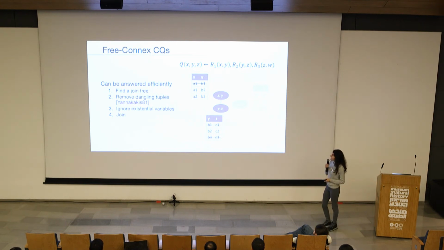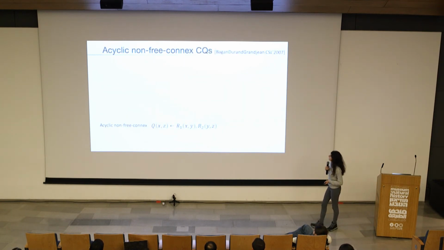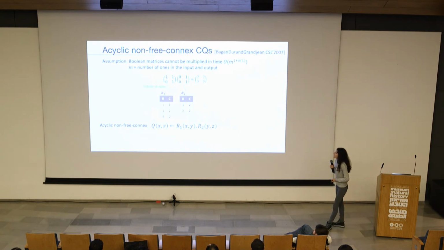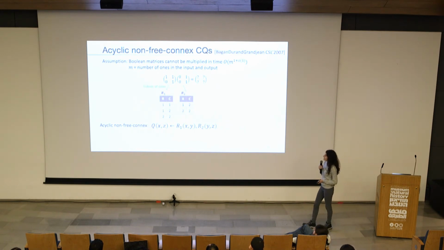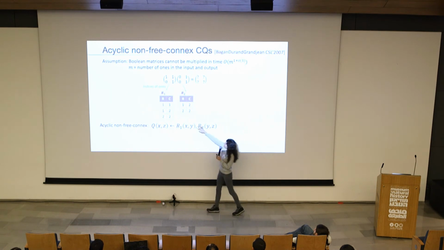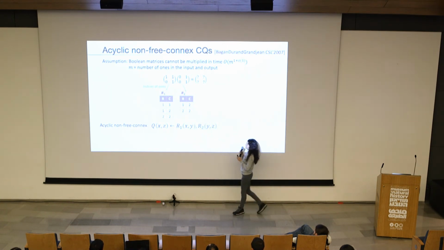Okay, now let's see the lower bounds. So for acyclic but not free-connex conjunctive queries, like this one here, we use the assumption that Boolean matrix multiplication is hard. And we represent the matrices in our two relations here. So we encode the indices of the ones of each matrix in the corresponding relation.